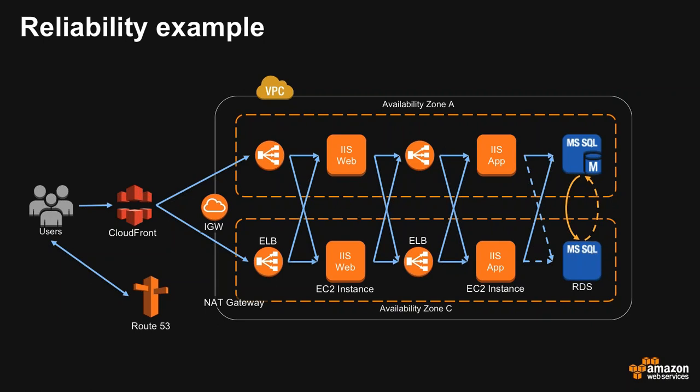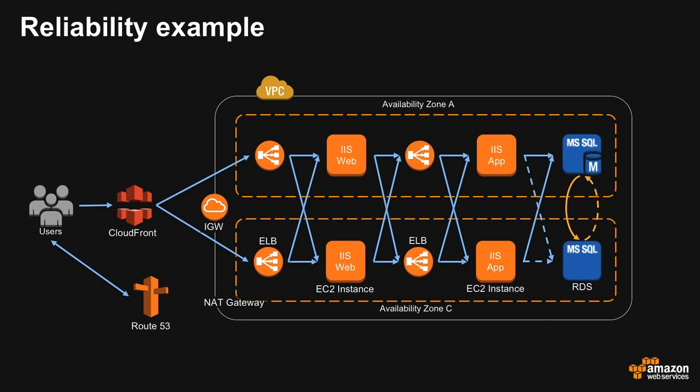Those elastic load balancers are spread across 2 availability zones for high availability and are able to forward traffic to both or one in the event of a failure or in the event of an upgrade scenario, IIS servers. Behind the IIS web servers, we have again internal elastic load balancers that are able to load balance traffic to IIS application servers.